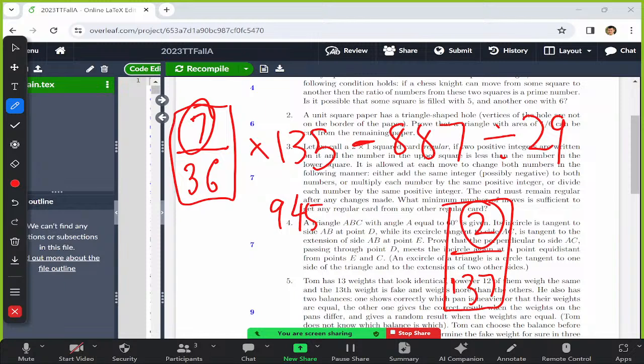You work out one way, then you can work out the other way.